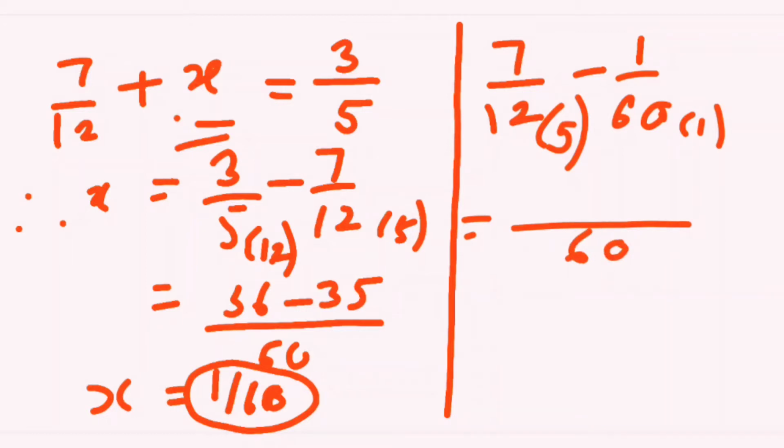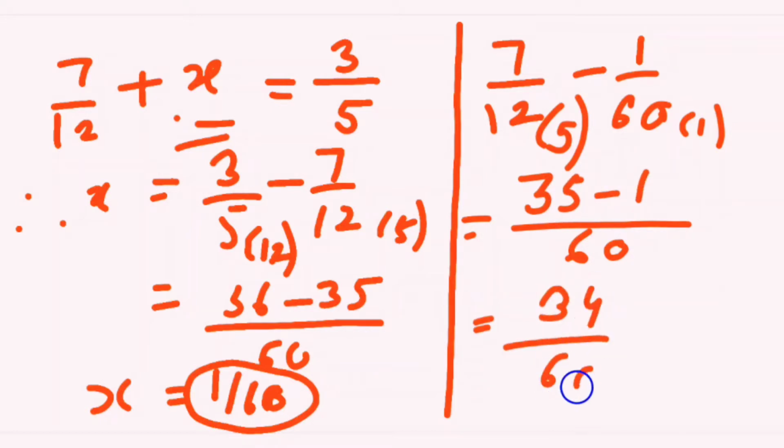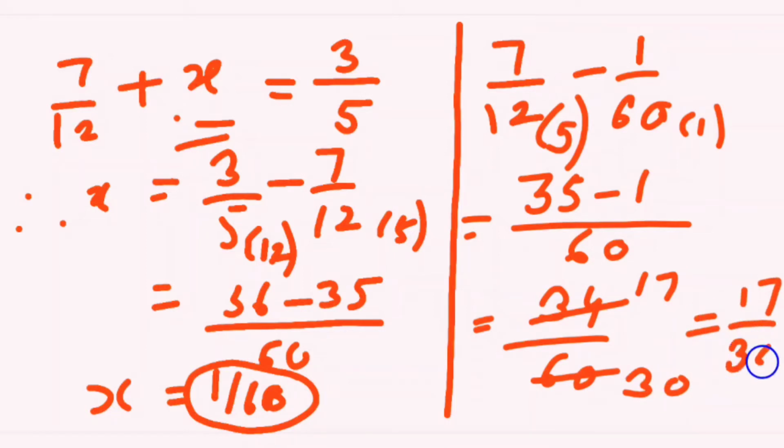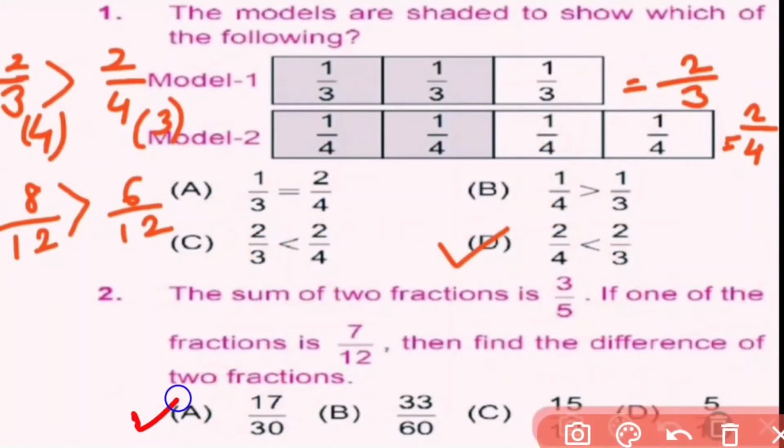So here 7 into 5 is 35 and 1 into 1 is 1. So 34 by 60. Here 2 ones are 2, 2 sevens are 14. Here 2 threes are 6 and 0. So their difference is 17 by 30. Here A is the correct answer.